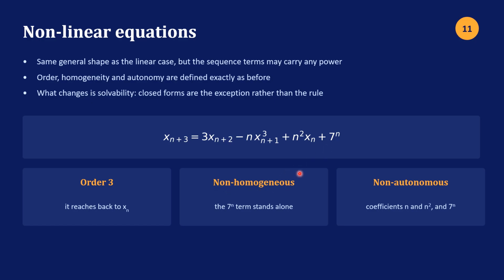So it's non-homogeneous. It's order 3 because you need to know the value of the sequence for 3 previous terms. And it's also non-autonomous because of the 7 to the n, and also because of the n squared here.